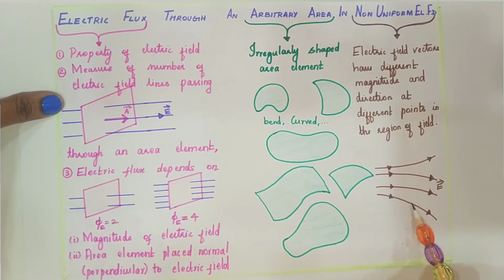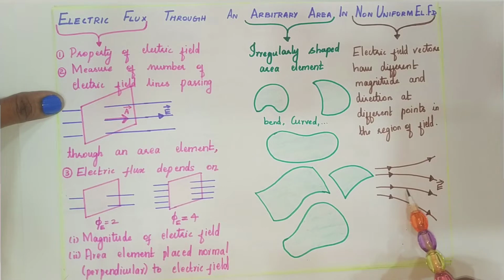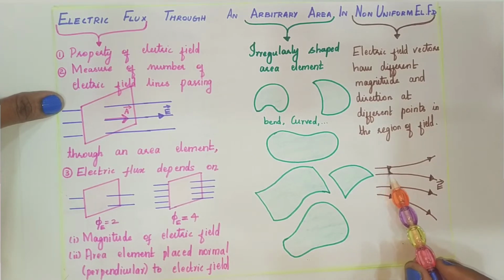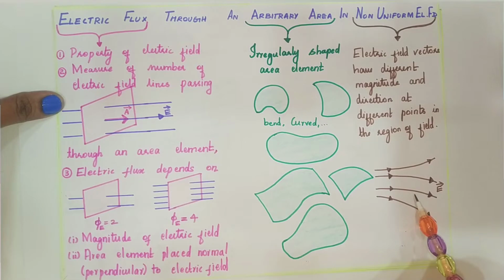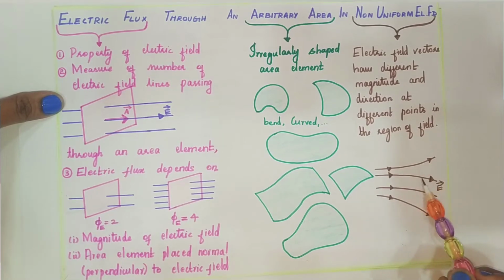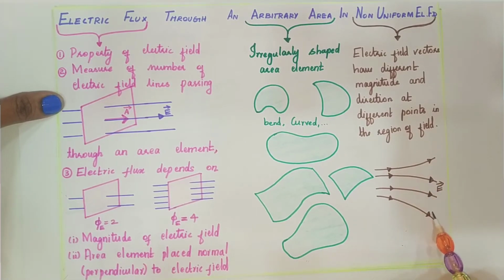So whenever we draw a non-uniform electric field, on one side we give the intensity of the electric field to be more, that is we draw closer lines, and as the distance increases we draw them farther apart, showing that the intensity is less, and this picture denotes the non-uniform electric field.